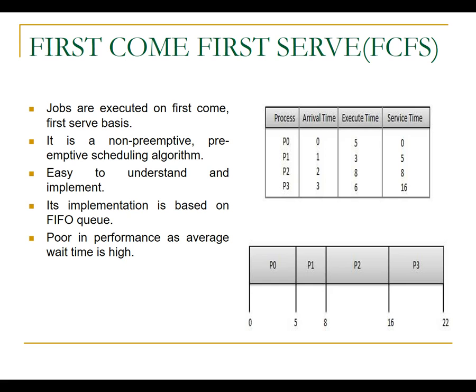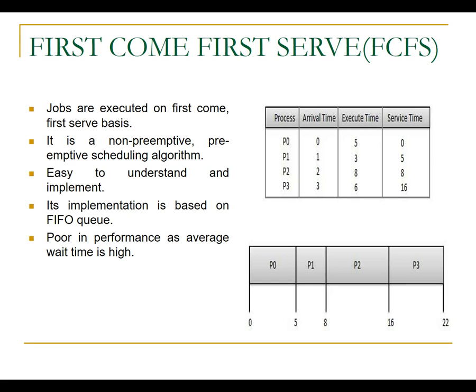That means whatever the jobs are created by the central processing unit, here the jobs are the various types of process, will execute on a first come first serve basis.